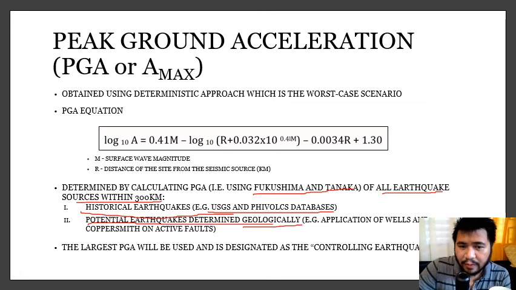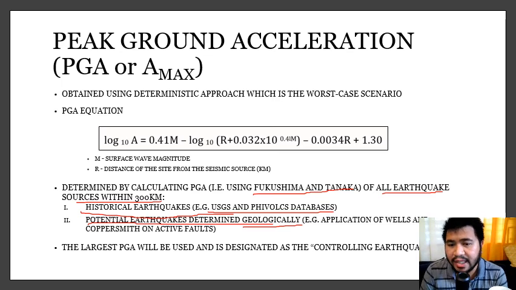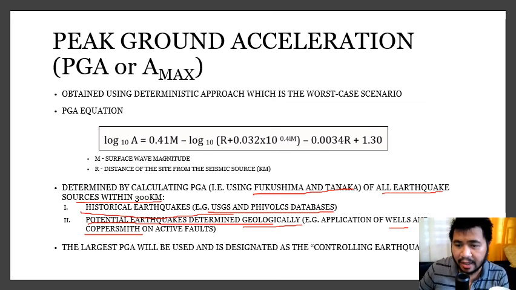The FIVOX active faults and trenches map is a good source to see all the active faults. From there, you can apply the Coppersmith equation to determine the magnitude of the earthquakes that can be produced by those fault sources.